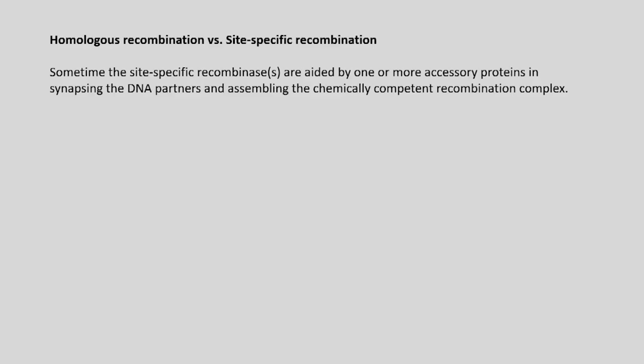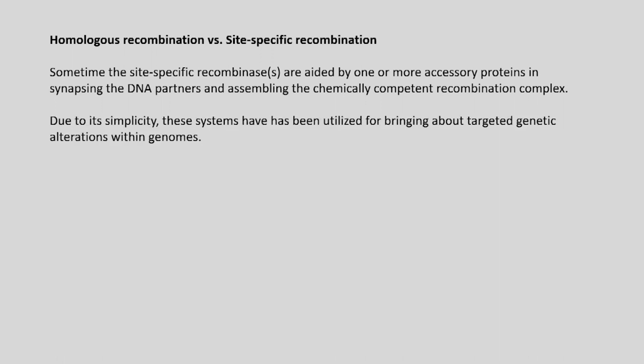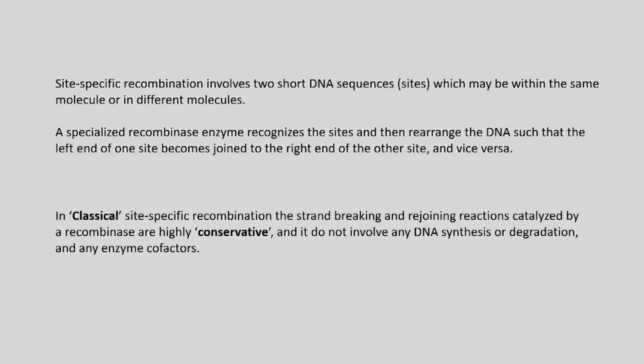Sometimes the site-specific recombinases are aided by one or more accessory proteins in synapsing the DNA partners and assembling the chemically competent recombination complex. Due to its simplicity, these systems have been utilized for bringing about targeted genetic alterations within genomes.